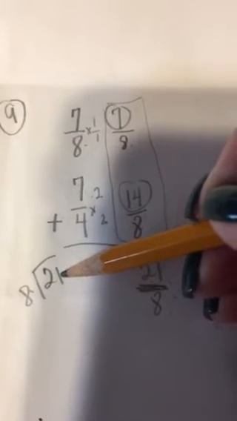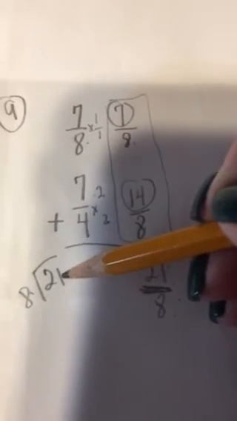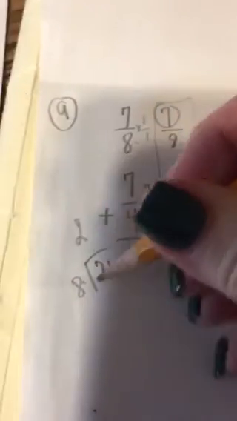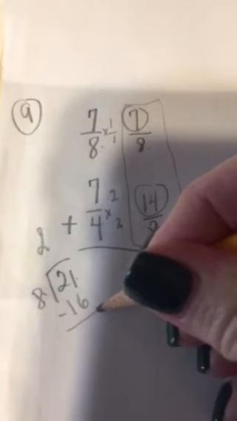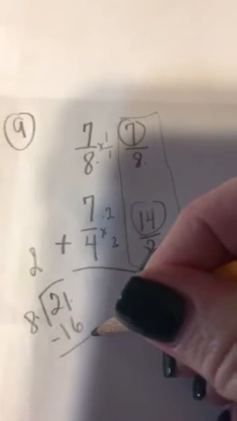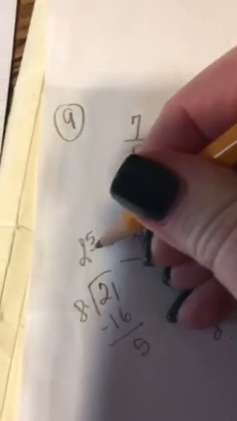Well, I know 8 times 3 is 24, so that's too much. I busted. Back it up. 8 times 2 gets me as close as I can get to 21 without busting. Subtract. What is 21 minus 16? 5. What do I do with that 5? Shrink it down, drag it up. 2 5/8 is my answer.